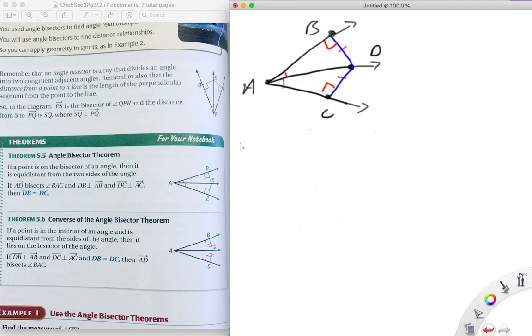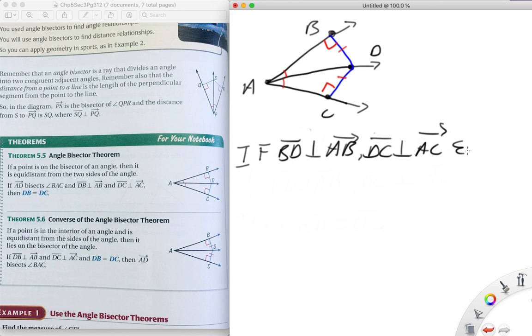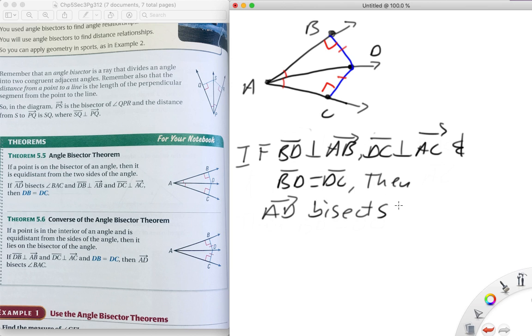So the converse says if BD is perpendicular to AB and DC is perpendicular to AC, and BD is equal to DC, then I have enough information to say that AD bisects angle BAC.